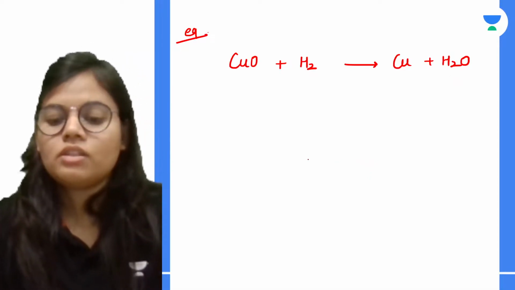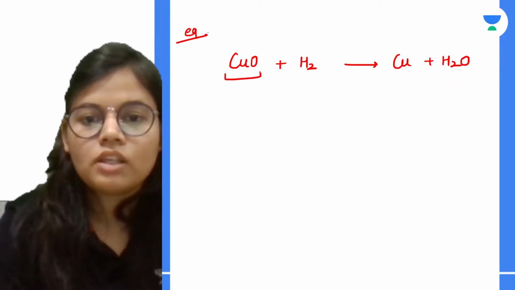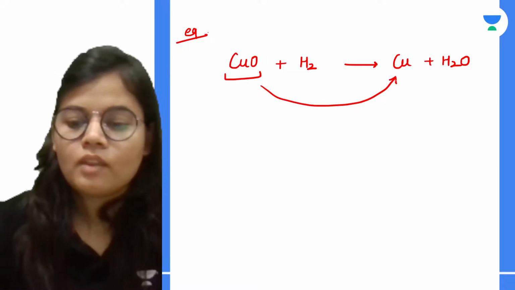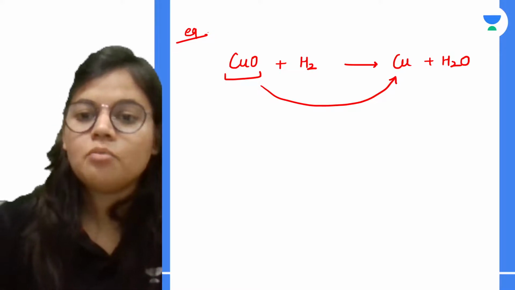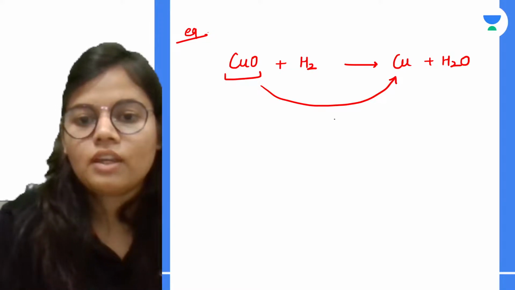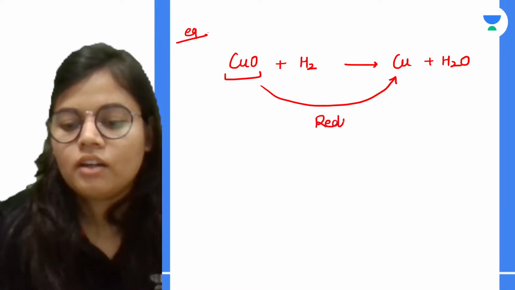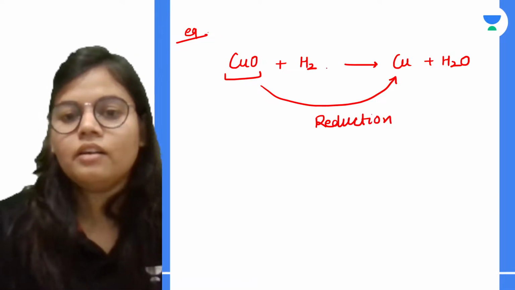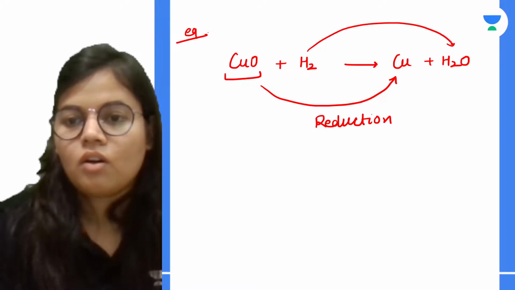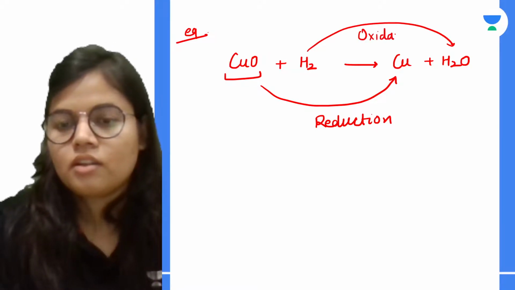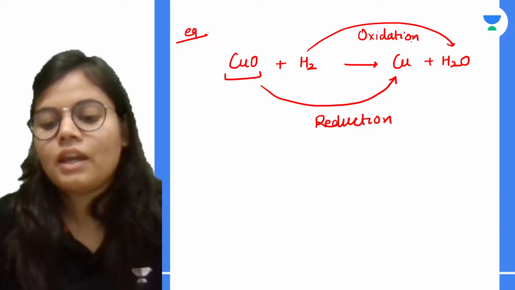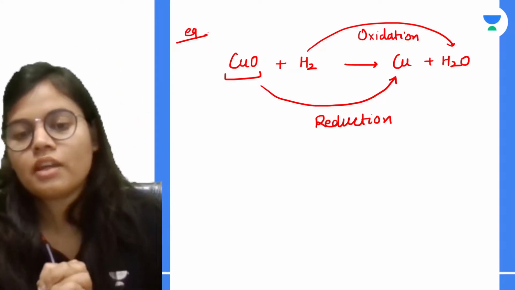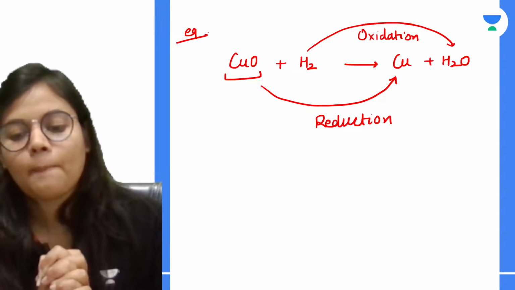Now see students, from CuO to Cu, what is happening? Removal of oxygen. So we can say that here reduction is happening, and here oxidation is happening. So again in one same reaction, we saw reduction and oxidation taking place side by side.